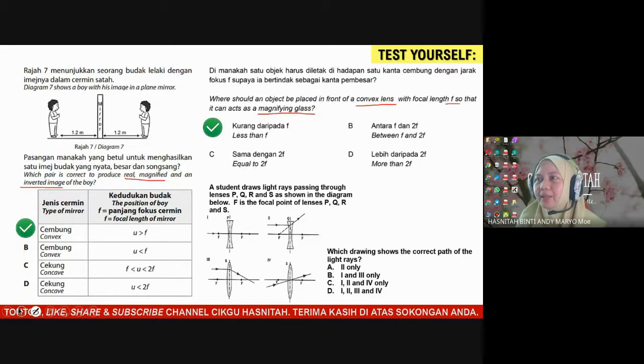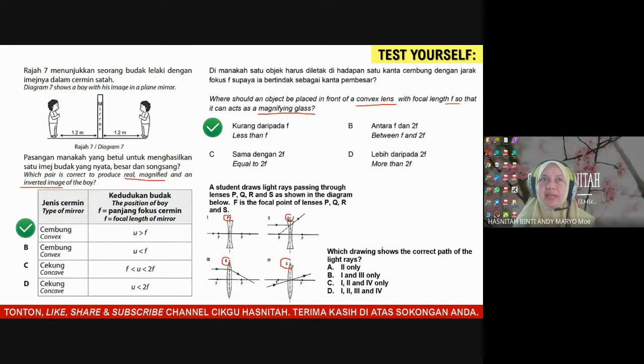How about the third question? A student draws light rays passing through lenses P, Q, R, and S. This is lens P, this is lens Q, lens R, and lens S. F is the focal point of all these 4 lenses. Which drawing shows the correct path of the light ray?